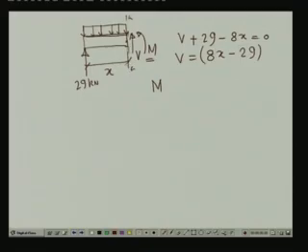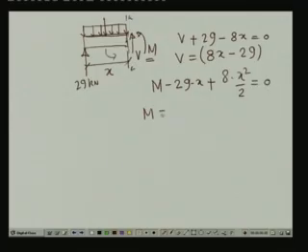Now, RA will cause a moment in the clockwise direction, so minus 29 into x, and the load will cause a moment in the anti-clockwise direction, so this is plus 8 into x by 2, that is 8 into x square by 2, equal to 0. So, the bending moment is equal to 29x minus 4x square. So, this is the value of the shear force, and this is the value of the bending moment.